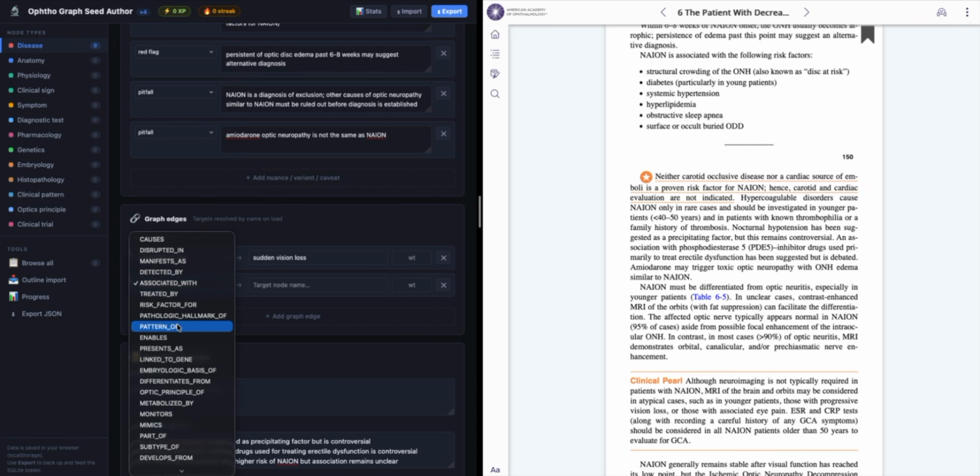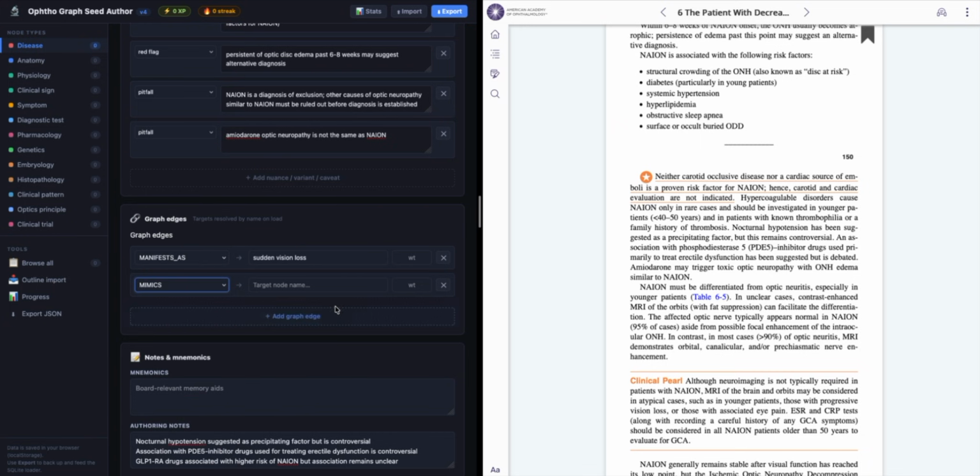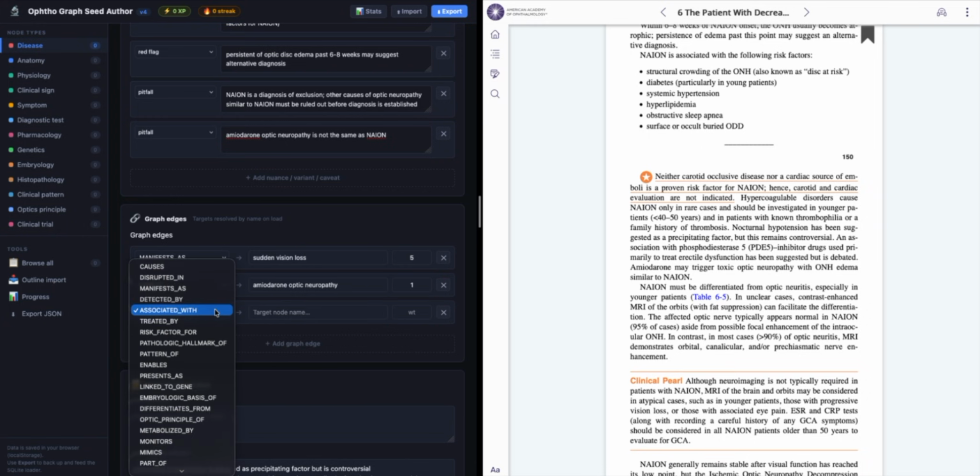It has, let's see, we'll say mimics amiodarone optic neuropathy, or I could look at it the other way around. And then there's a little weight, so it tells you just how strong that association is. So maybe we'll say it starts out with a weight of 5. This one maybe a weight of 1 or something like that.